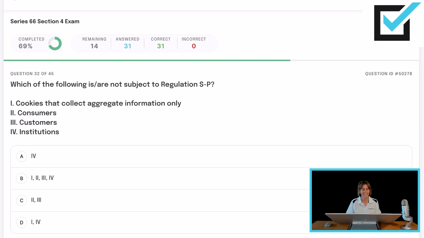So consumers and customers are subject to this privacy notice. It is the customer who gets it annually. Institutions are not subject to Regulation S-P. It's also true that cookies that collect aggregate information only are not subject to Regulation S-P. If it was collecting specific identifiable information, then it would be. So which ones are not subject to Regulation S-P? 1 and 4.